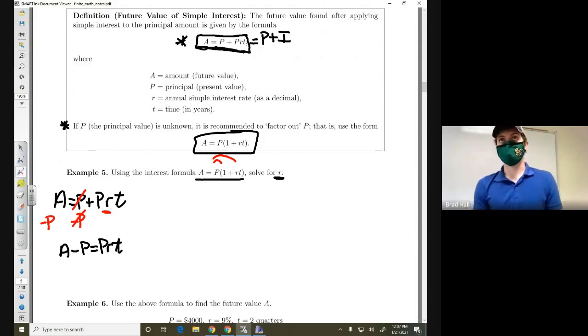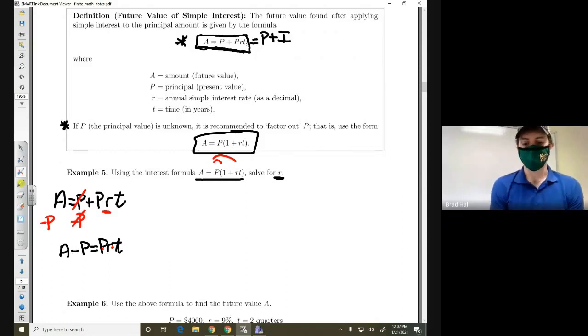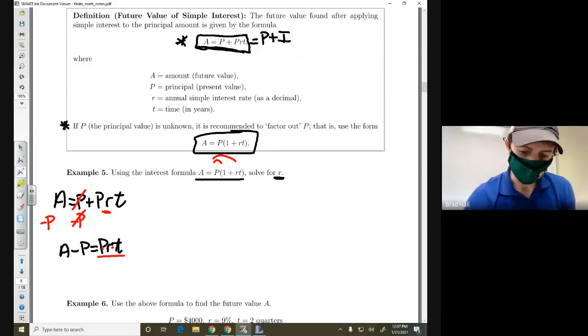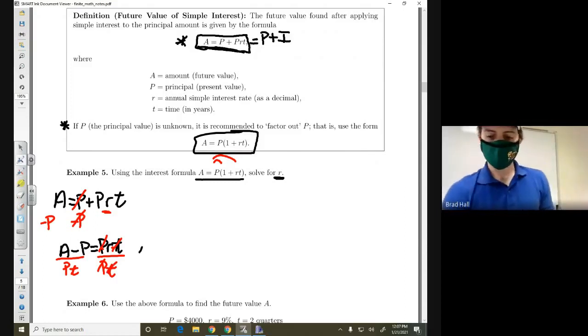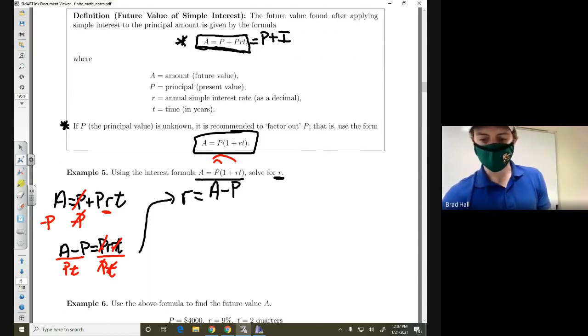What's next? Multiplication and division. So this is P times R times T. So in order to undo multiplication, we have to divide by P and T. Because dividing by P will get rid of that one, dividing by T gets rid of that one. And so we're actually done, because now R is by itself, and we conclude with R equals A minus P divided by P times T.